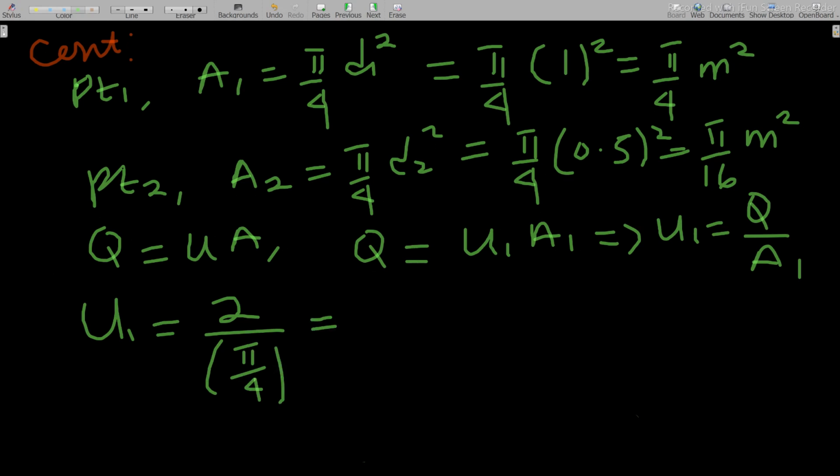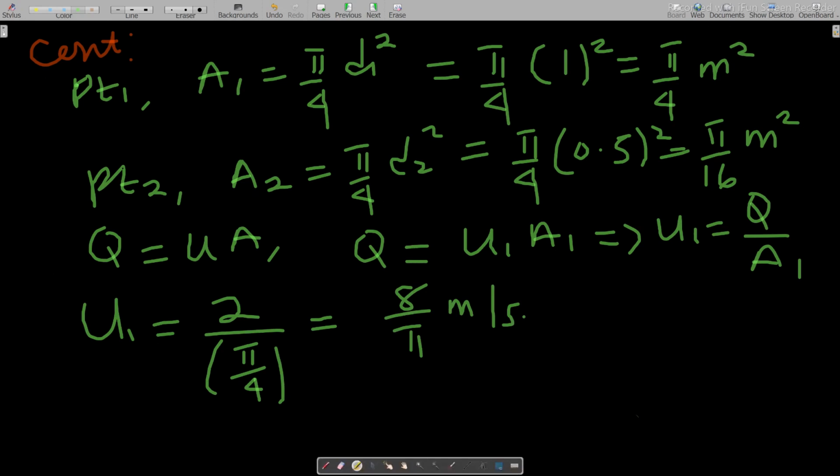When I divide this, let me punch it on a calculator, I don't want any mistake, I get 8 over π meters per second. Let's keep this.